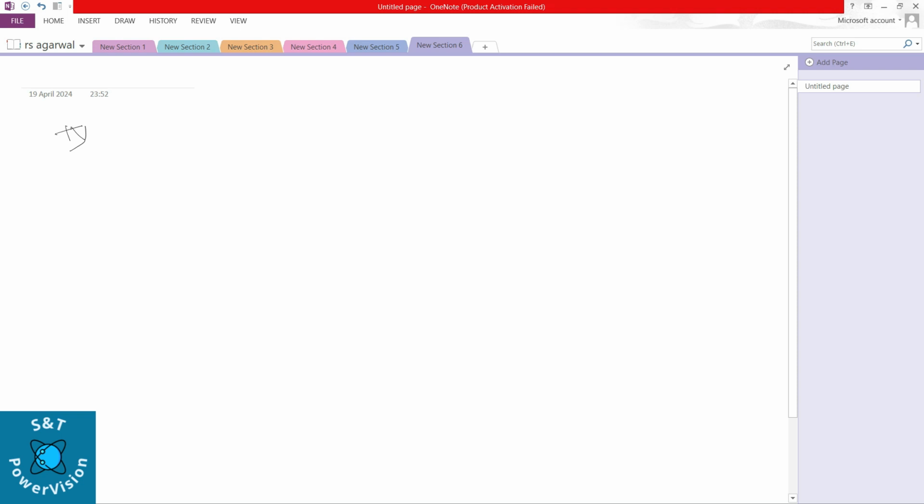So the fourth question is 2 plus root 5. We have to show that it is an irrational number. So again we will assume that 2 plus root 5 is a rational number. If it is a rational number, then we can represent it in the form of p by q. Right, so root 5 is equal to p by q minus 2, which is (p minus 2q) divided by q.